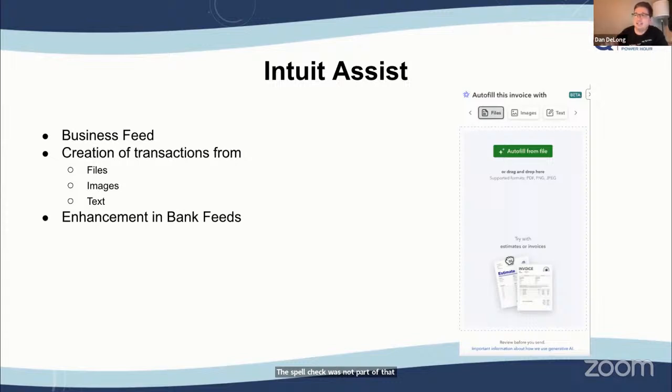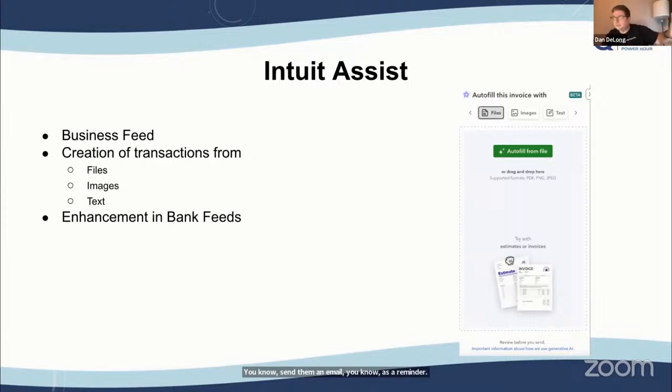But what you'll see in the business feed, if you look at it today, I was just checking it out yesterday, is it does consolidate some of the things that are focused on your business. I went in there and there was, hey, there are some open invoices. Would you like to send them an email as a reminder? And I think on the next screen, I actually have that.